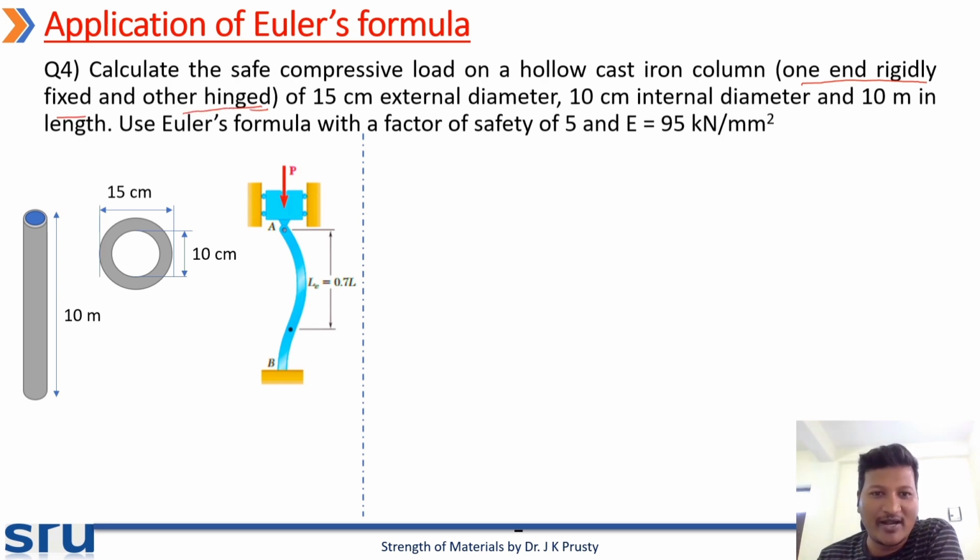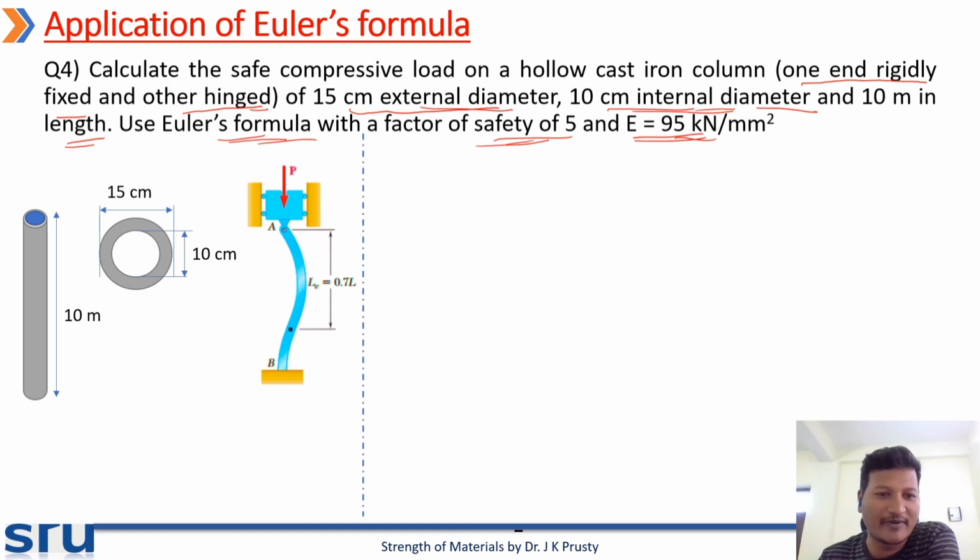The other data given: 15 centimeter is the external diameter, 10 centimeter is the internal diameter, and 10 meter is the length of the column. You need to find out the safe load by using Euler's formula, with a factor of safety of 5 and Young's modulus of 95 kilonewton per square mm.